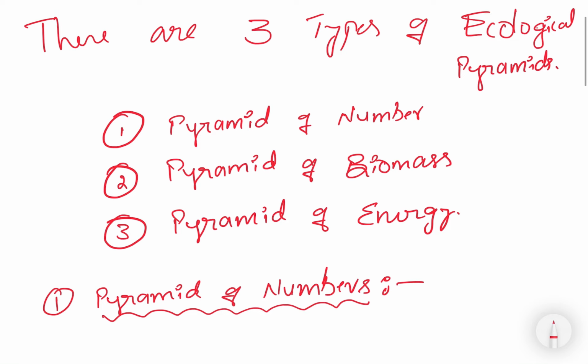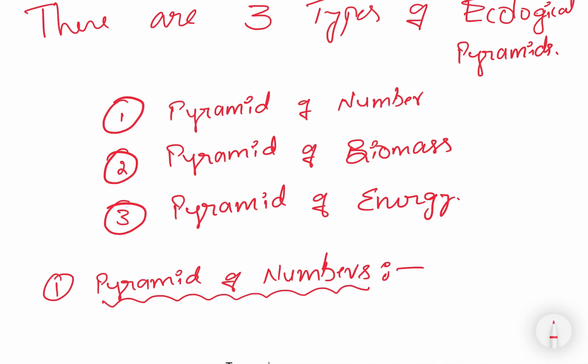Basically there are three types of ecological pyramids. In the definition we have seen three types of parameters, isn't it? If you draw a graphical representation based on number, that is called a pyramid of number. If you draw one based on the biomass or dry weight of organisms in every trophic level, that pyramid is called a pyramid of biomass.